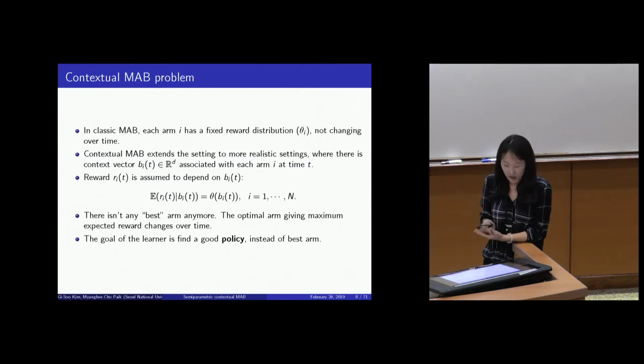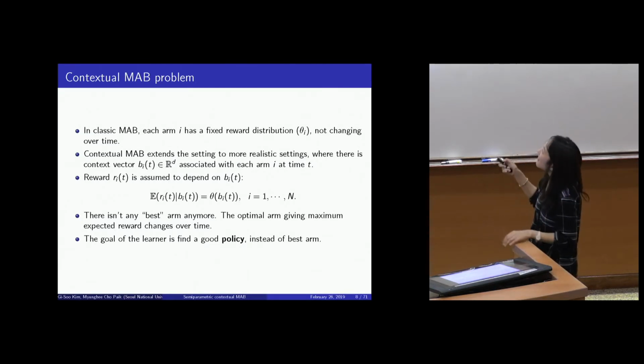But in the classic bandit problem that we have viewed, each arm i has a fixed reward distribution that does not change over time, and this can be a little restrictive in applications like mobile health. The contextual bandit problem extends to more realistic settings where there is side information, a context vector b_it of dimension d, that is associated with each arm i at time t.